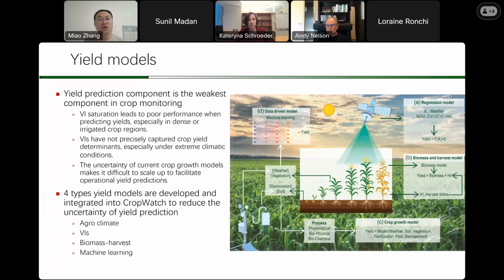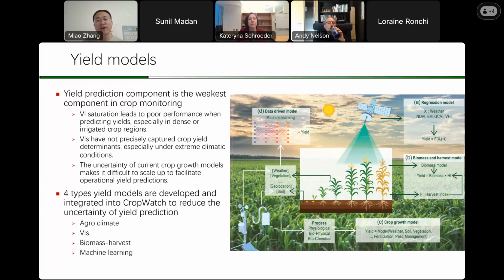For the yield model, we also integrate different types of methodologies. Mainly, we integrate 4 types of methodology, depending on the cropping systems or whether the fields are irrigated or rain-fed. So we integrate those 4 different types of methodologies together to provide more reliable information on the yield prediction for different countries.